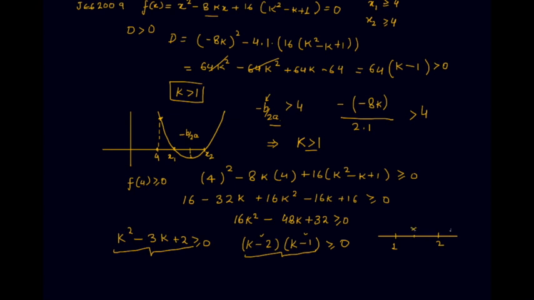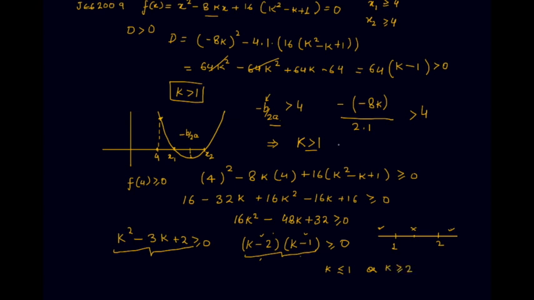If the k lies here, both the terms will be positive, hence the product will be positive. So the k can lie here. And if k lies here in this region, then both the terms are negative and the product is positive. So k can also come here. So for this product to be greater than equals to 0, k can either be less than equals to 1 or k can be greater than equals to 2.